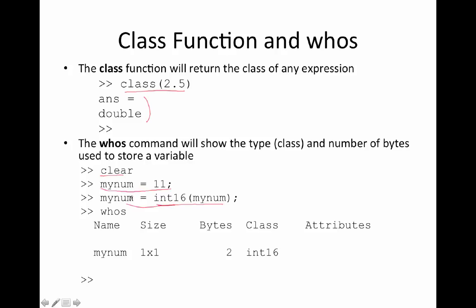So in other words, I'm not changing the value that's in mynum, that's still 11, but I'm changing the type of the variable from double to int16. And then if I then type the command whos, that's going to show me all the variables I have, and right now I only have one variable, mynum. You see that it has 2 bytes, so it's storing 16 bits altogether, which is 2 bytes, and the class is int16.